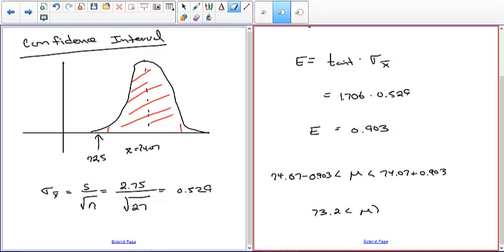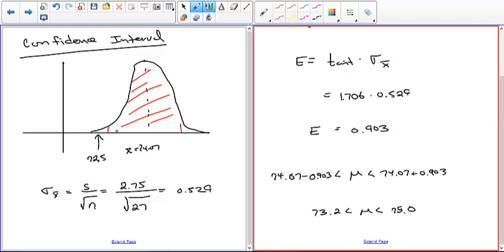and the higher number is 74.07 plus 0.903, 74.97. So we'll round it off, 75.0.